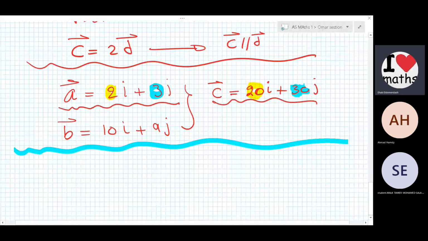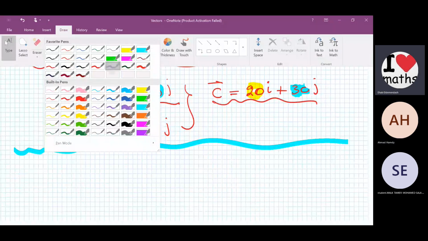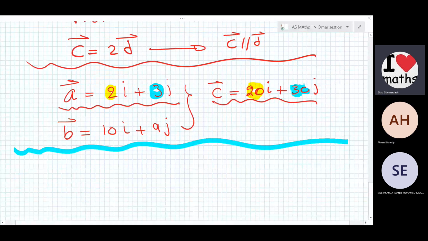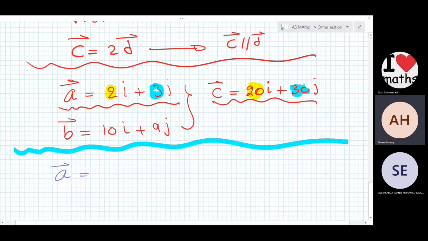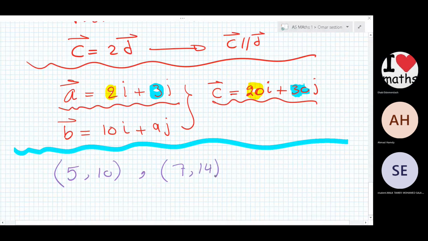Why is it important? First of all, they can tell us the following. For example, I can give you 3 points: 5 and 10, and then another one which is 7 and 14.